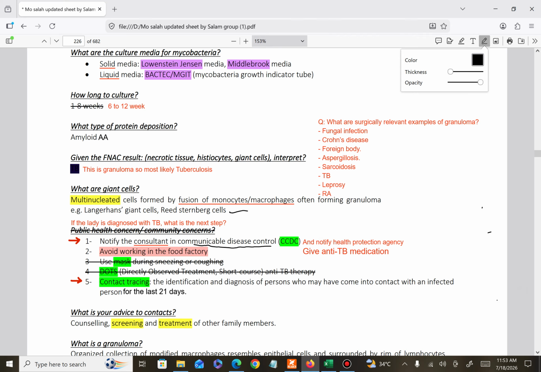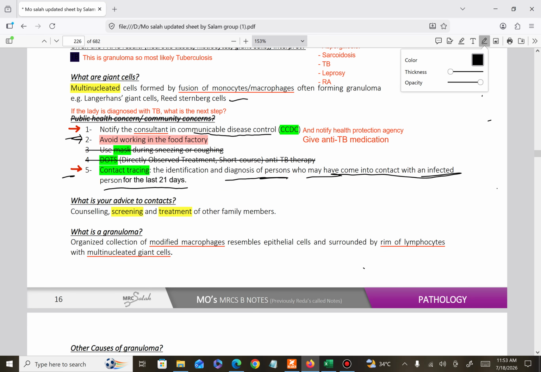Then avoid working in the food factory. The third one is contact tracing, the identification and diagnosis of persons who may have come into contact with an infected person in the last 21 days. So these will be the next steps.